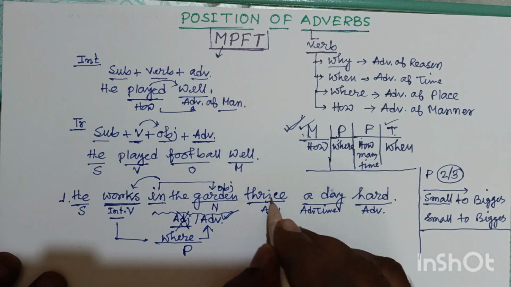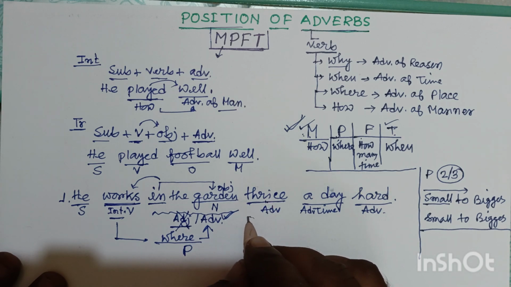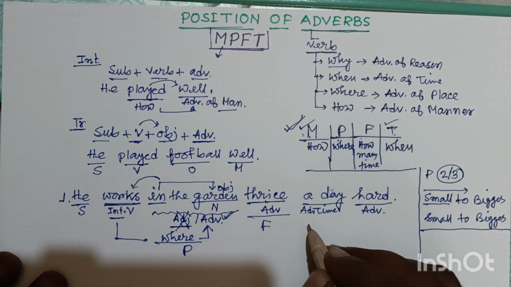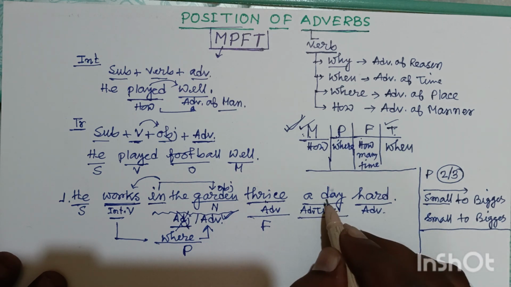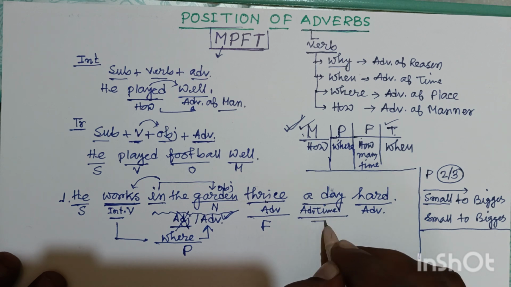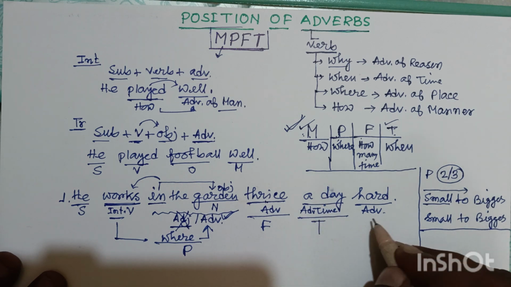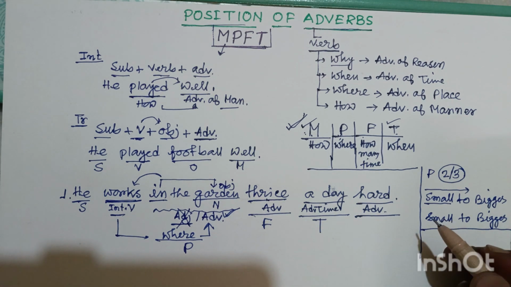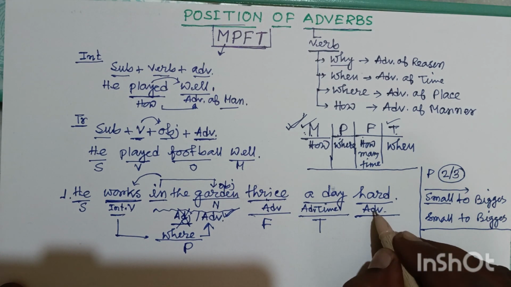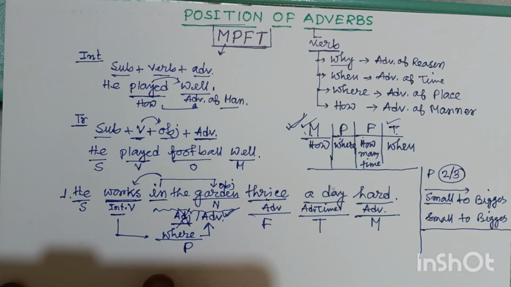It is thrice, that means 3 times. So it is frequency, denoted as F. Then a day: when? The answer of when, so it is time. And hard: how does he work? He works hard. So obviously it's an adverb of manner. So friends, here you can see place, frequency, time and manner.